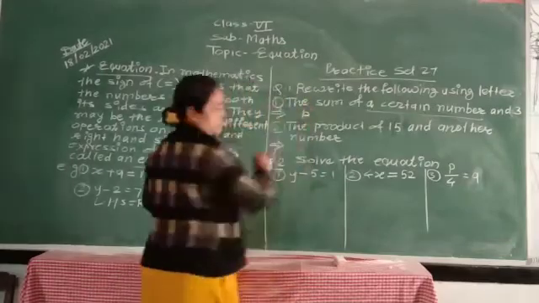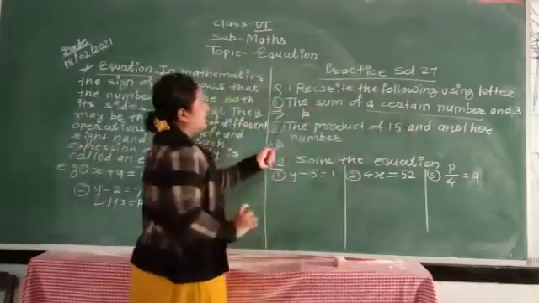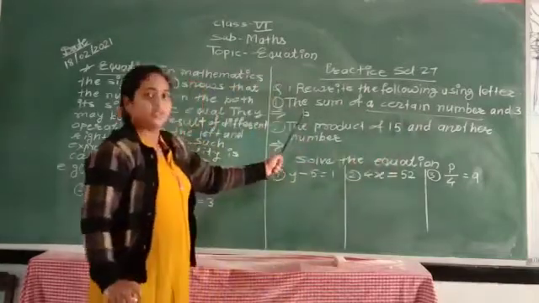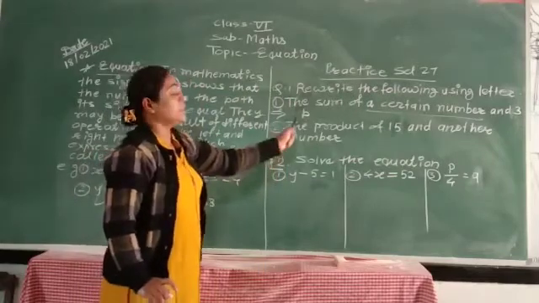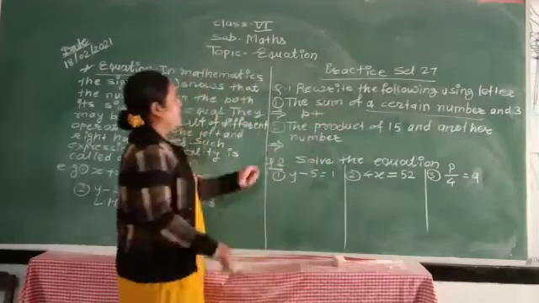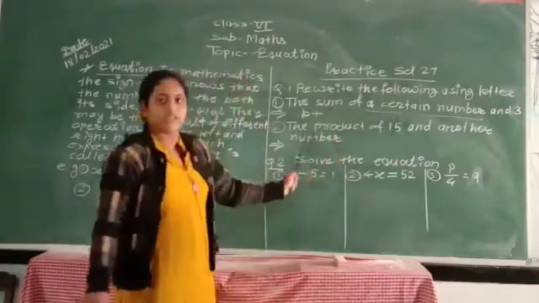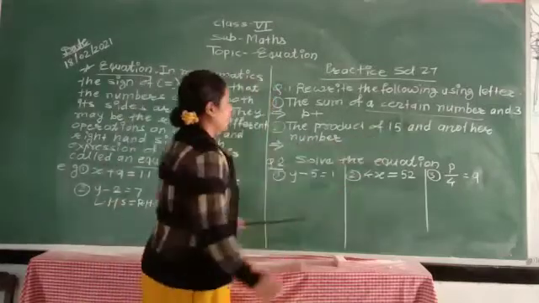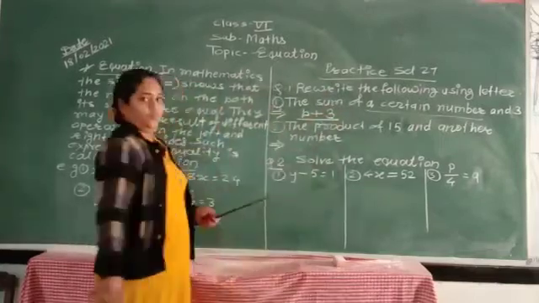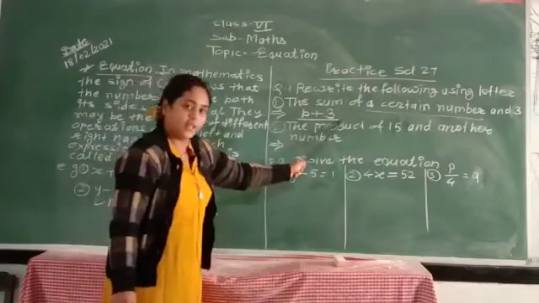For the certain number, I use the alphabet b. Then the sign of sum is plus, and then 3. So the expression is b plus 3.